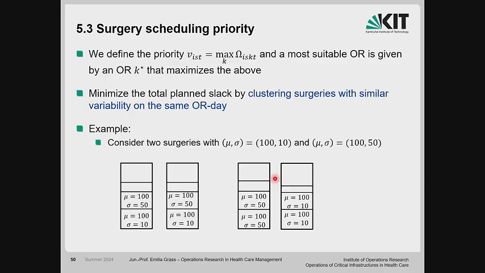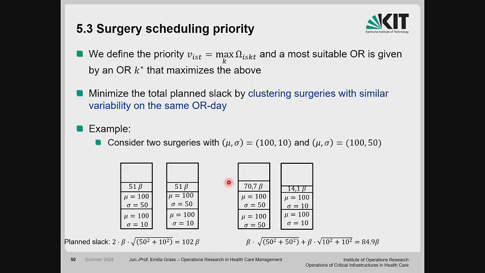Comparing that with if we put the similar surgeries on the same operating room day. If we compute now the slack time, this would be 51 beta for the first day and 51 beta for the second, and overall we have 102.